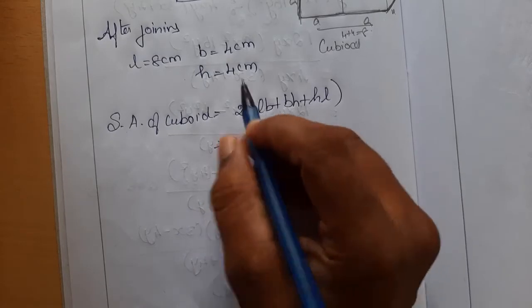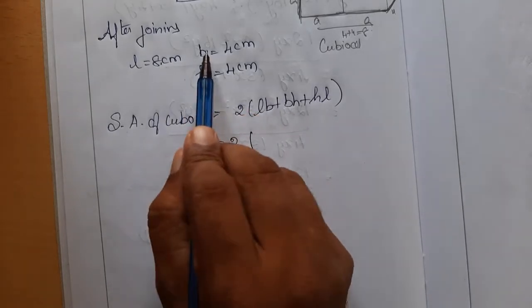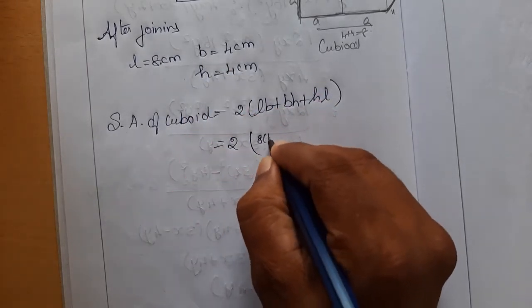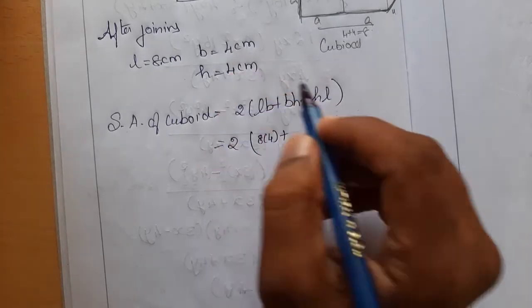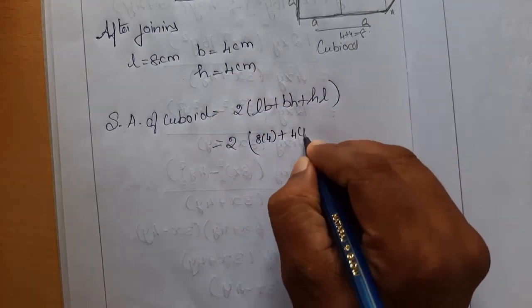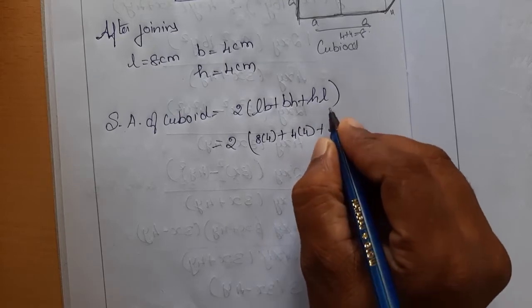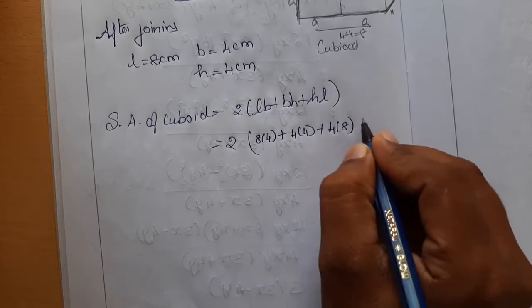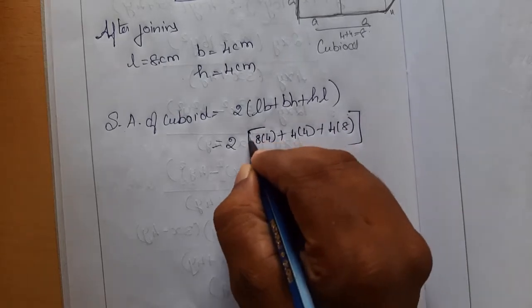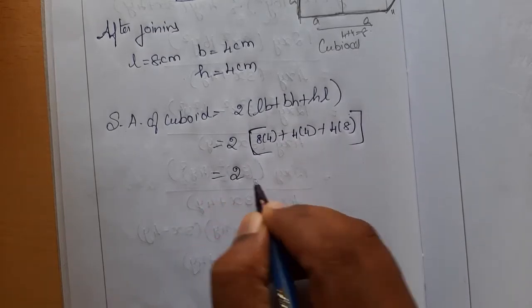So 2 into L is 8 and B is 4, 8 into 4, plus B is 4 and H is 4, 4 into 4, plus height 4 into length 8.